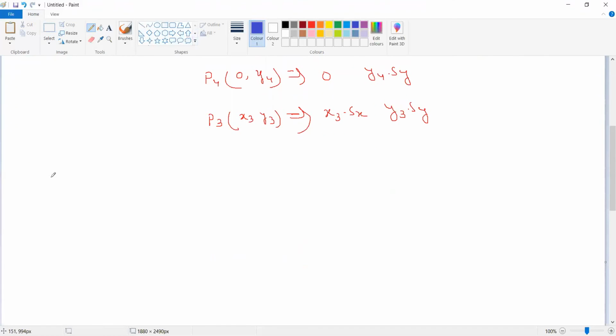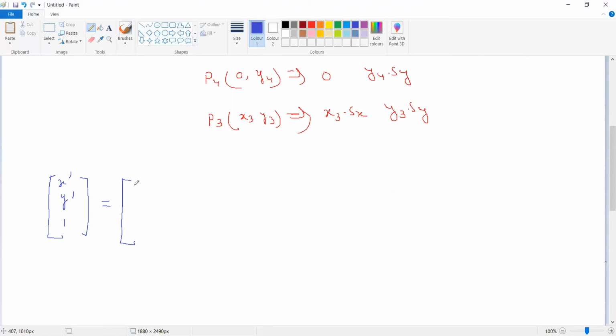If you write the entire thing in the form of matrices, my new X dashed, Y dashed, 1, if I perform the fixed point scaling, first I want to perform the translation.